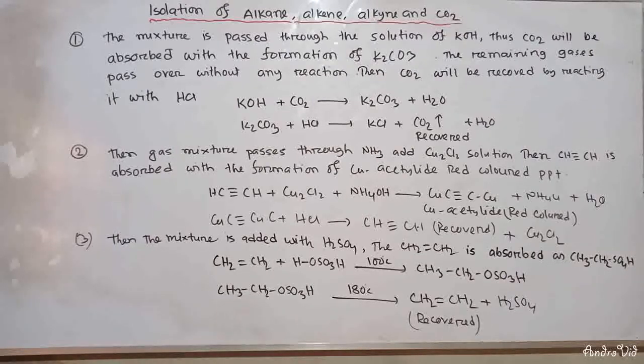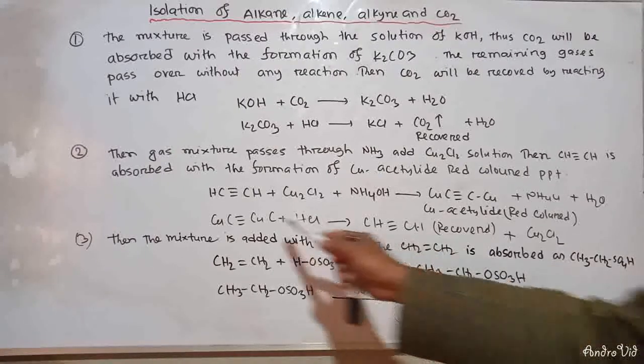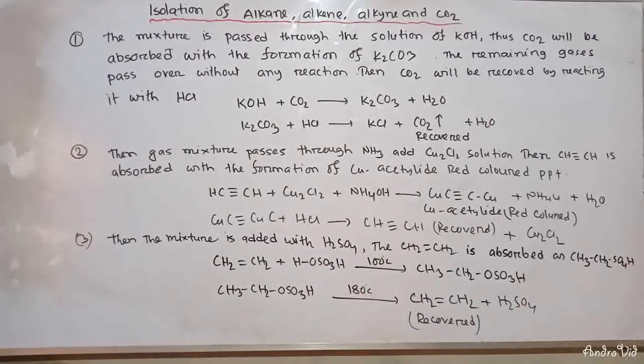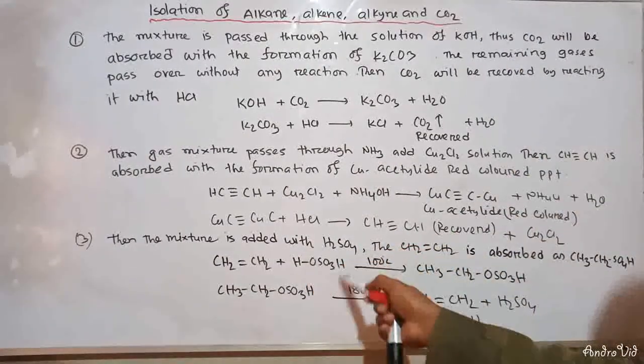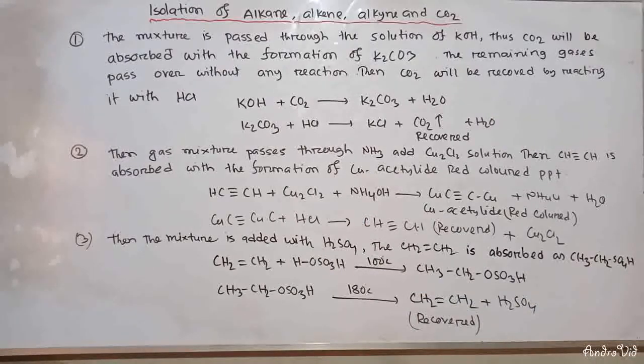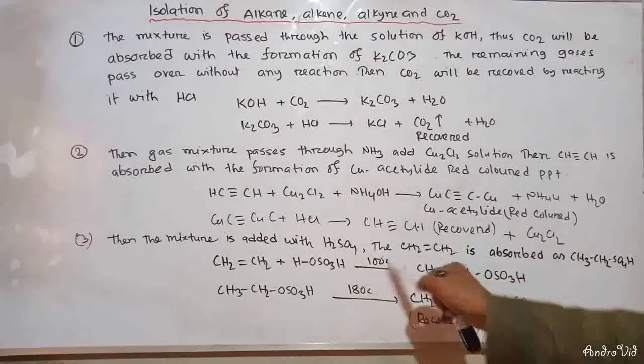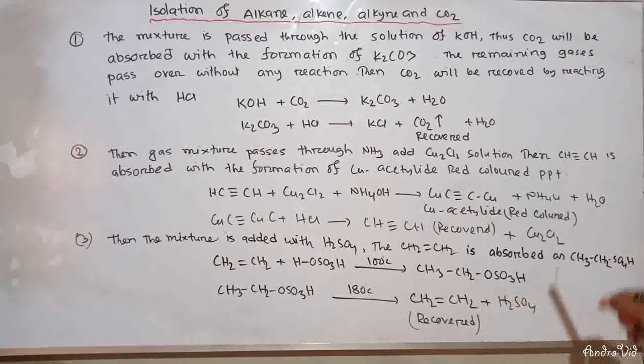Now the third step, for the rest of the mixture where ethene and ethane are present. The mixture is treated with sulfuric acid, then ethene is absorbed as ethyl hydrogen sulfate. The ethene from the mixture reacts with the sulfuric acid at 100 degrees Celsius and produces ethyl hydrogen sulfate.